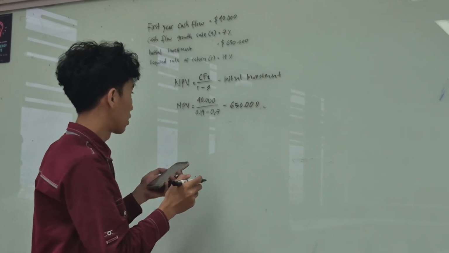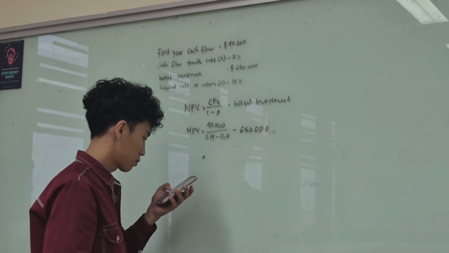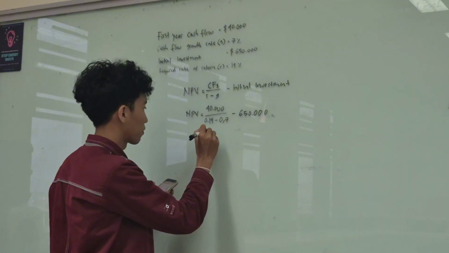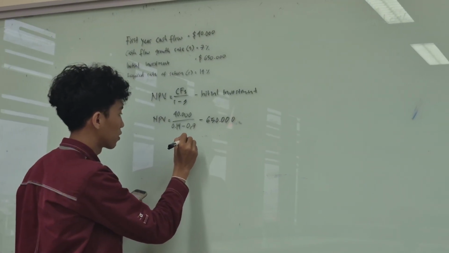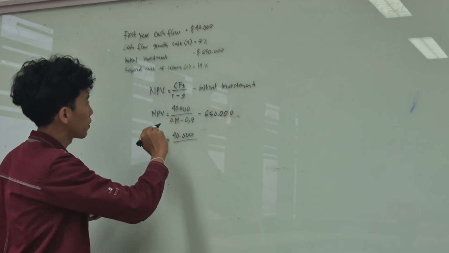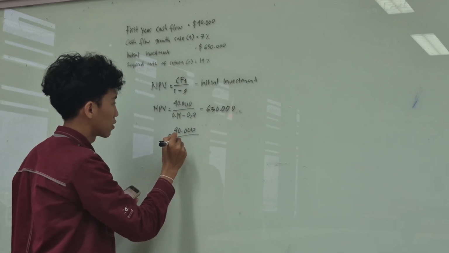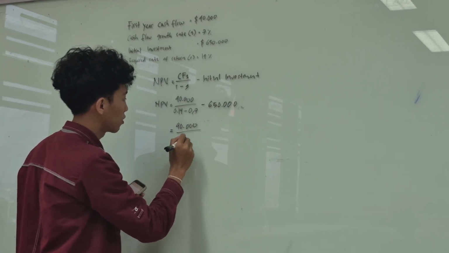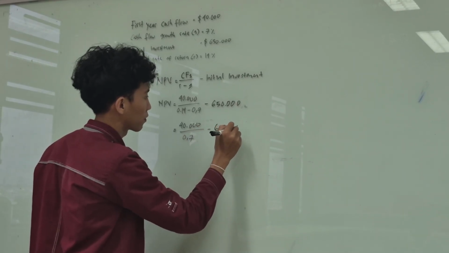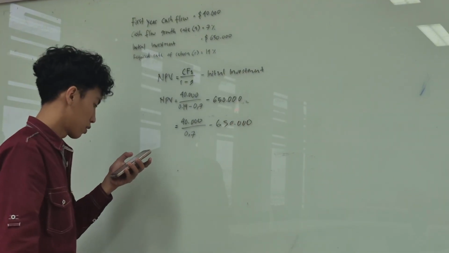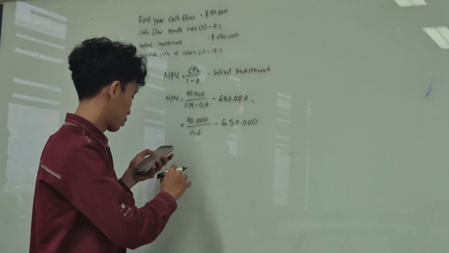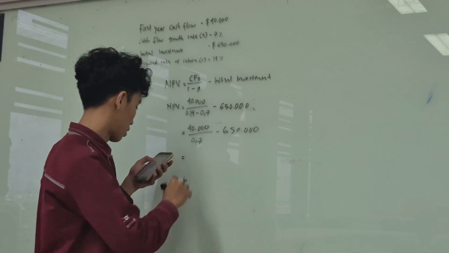So the next step is R minus G, which is 0.07. Okay, the next step is I will calculate all of this.